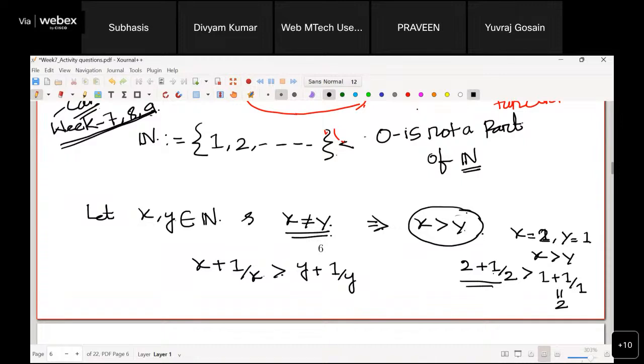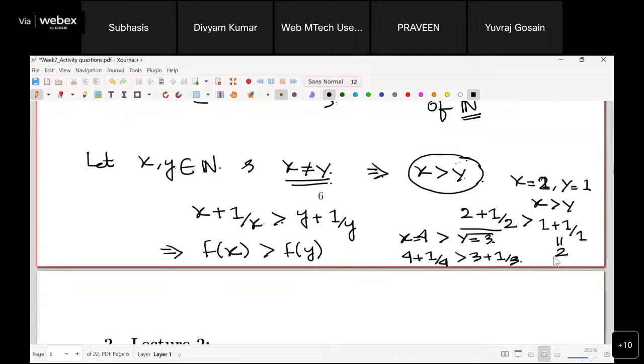Similarly, if you have x equal to 4 and y equal to 3, then 4 plus 1 by 4 is greater than 3 plus 1 by 3. So if x is greater than y, then x plus 1 by x is greater than y plus 1 by y, that means f of x is greater than f of y.